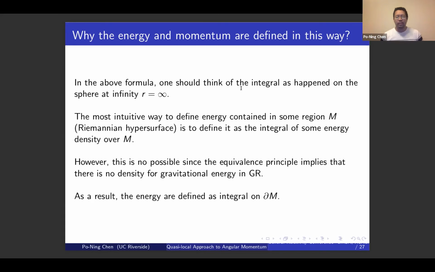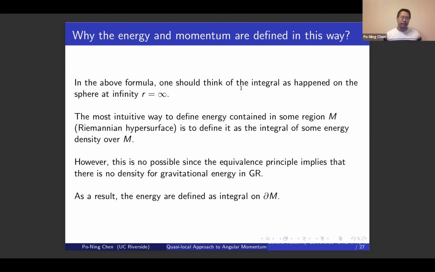Again, the most intuitive way to define energy or another conserved quantity in some region is to integrate some sort of density over your region. However, this is not possible because of the equivalence principle in general relativity. So gravitational energy doesn't have a density, so you cannot compute this as an integral over a region.